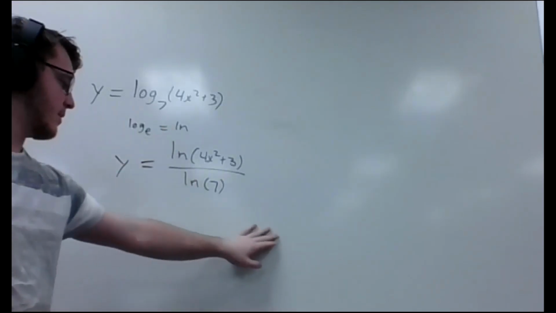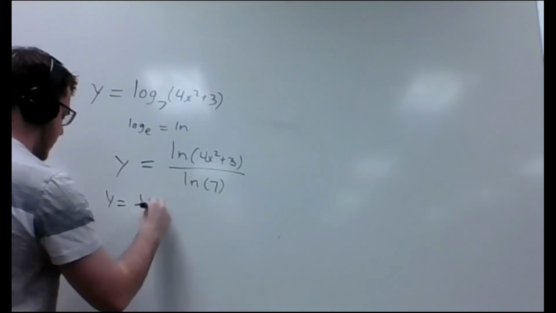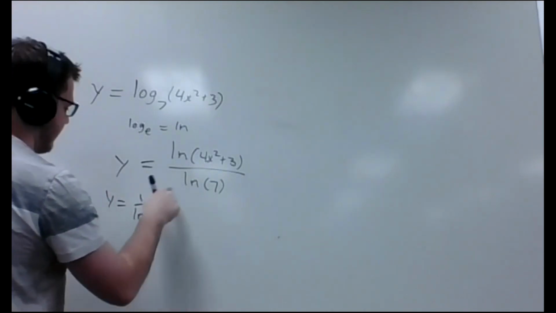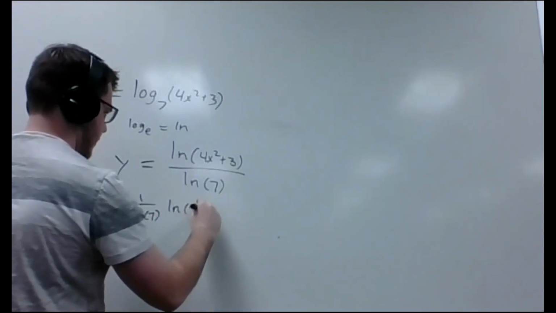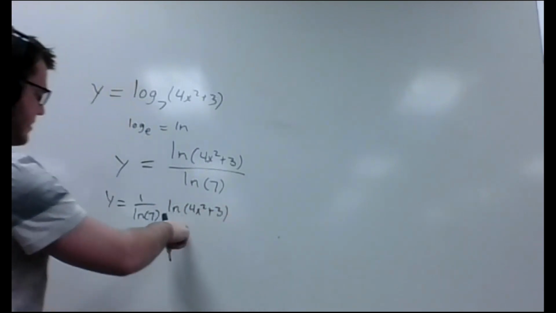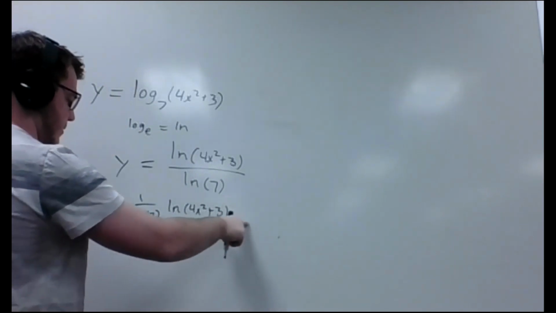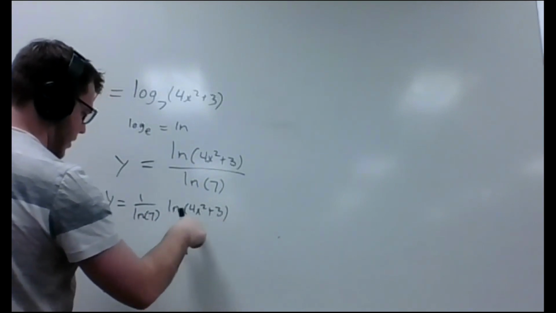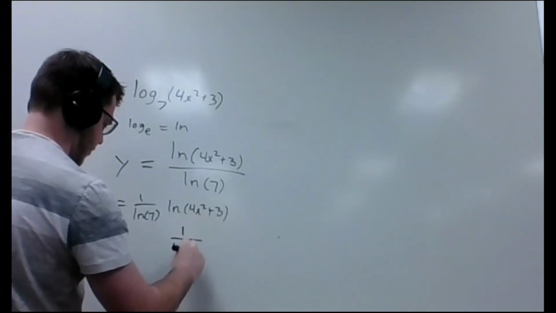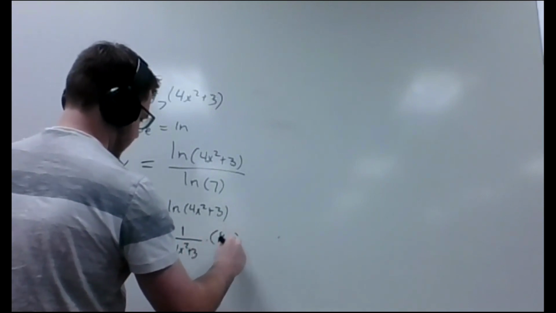So this is kind of an algebra problem more than a derivative problem, because this is very hard otherwise. We can take the 1 over ln 7 out, because this is a constant. And then we can solve this derivative by using the ln rule, which would be 1 over u, so 1 over 4x squared plus 3, times u prime, or 8x.